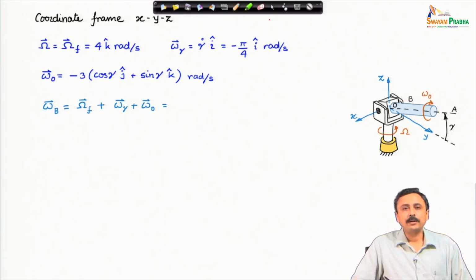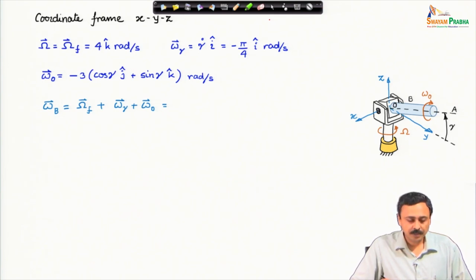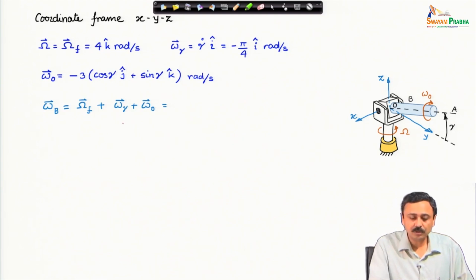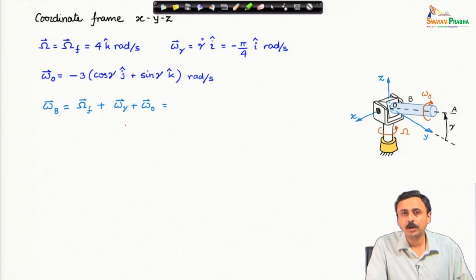Now, therefore, I can write the net angular velocity of the body B. Omega B is omega frame plus the angular velocity with respect to the frame. With respect to the frame, there are two contributions, omega gamma and omega naught. Omega naught is the spin and omega gamma is the change of the rotation of the axis.